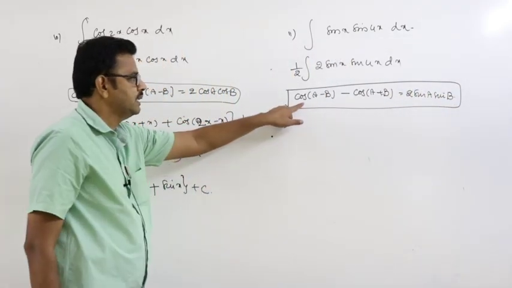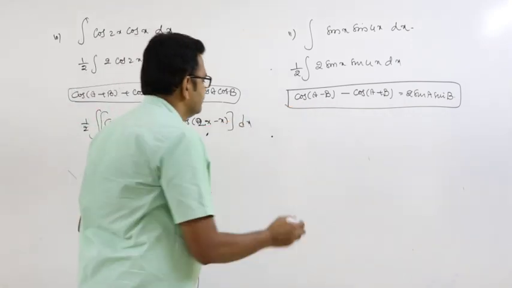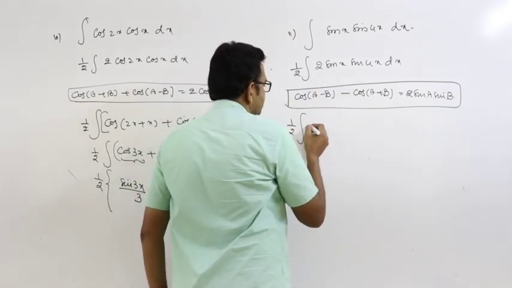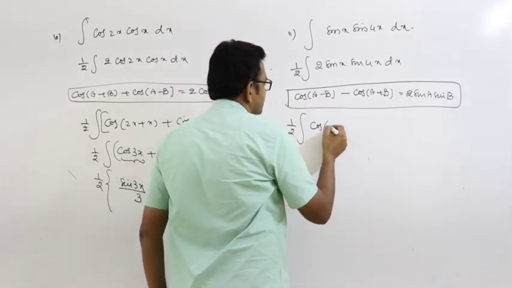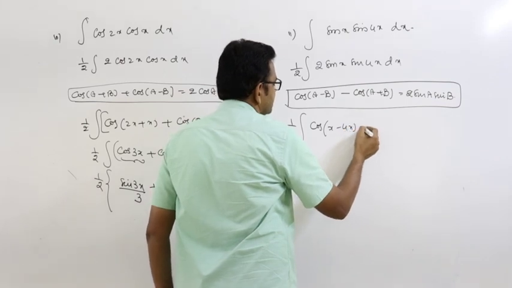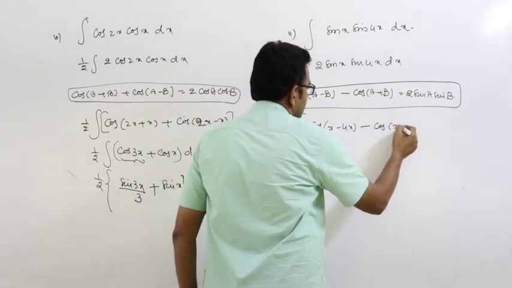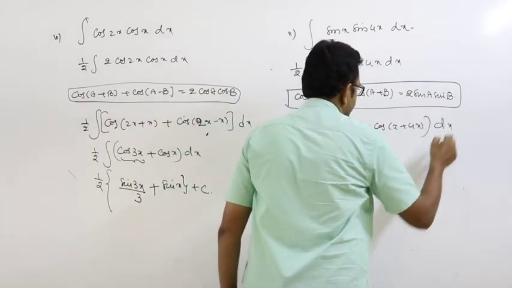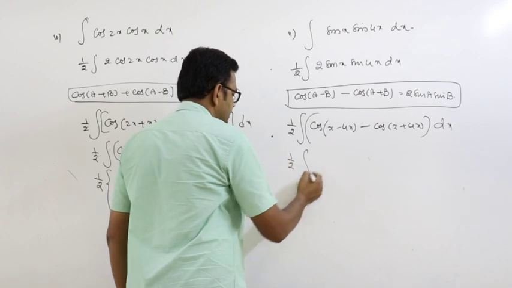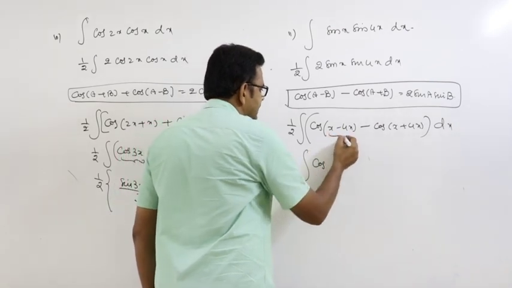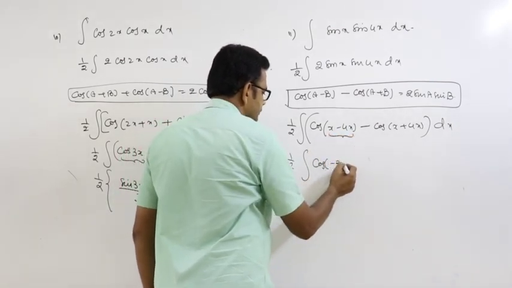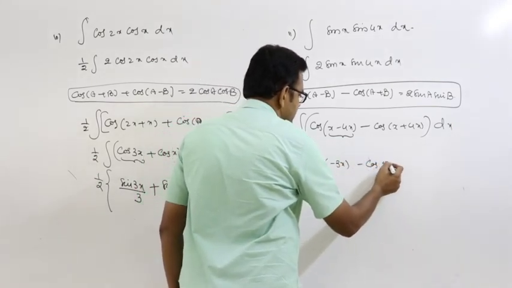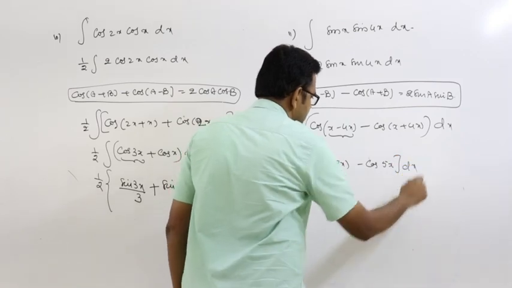This is first year transformations. 1 by 2 integral cos of a minus b, that is 5x minus 4x, minus cos of 5x plus 4x dx. That is 1 by 2 integral cos of minus 3x minus cos 5x dx.